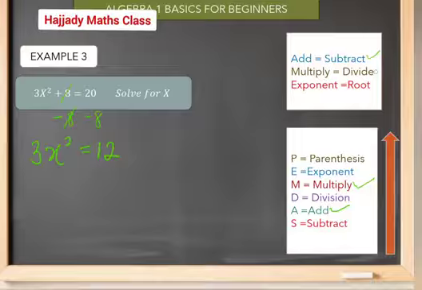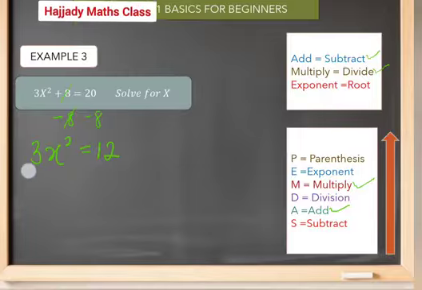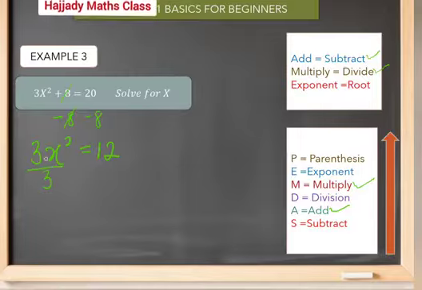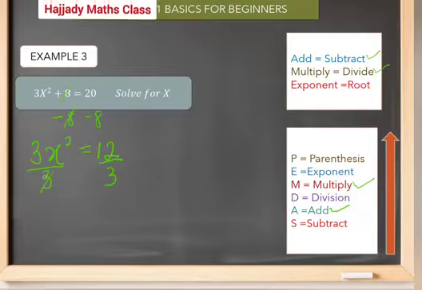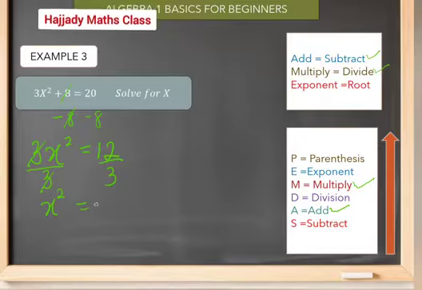If you have multiplication, you introduce division, which is the inverse. That is, divide both sides by 3, which is the value multiplying the variable x. Here we have 3 cancel out 3, x squared equals 12 divided by 3 gives 4.